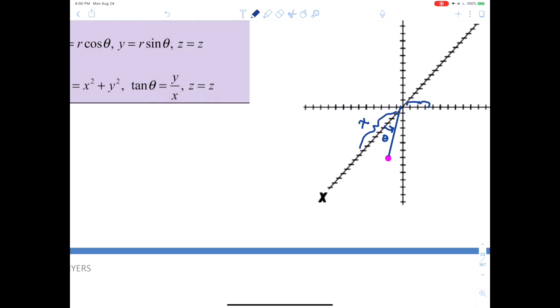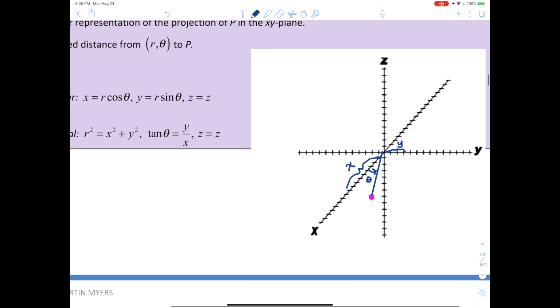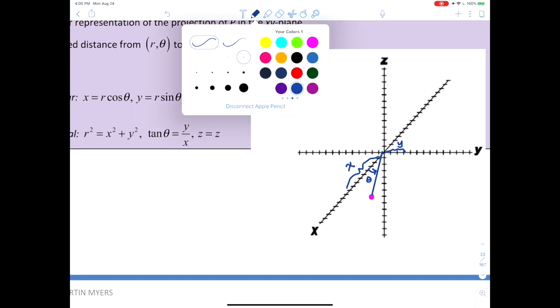I'm not making these very well today, sorry. So this would be our y right here. And then now what you do is you want to bring this point up to get the P.